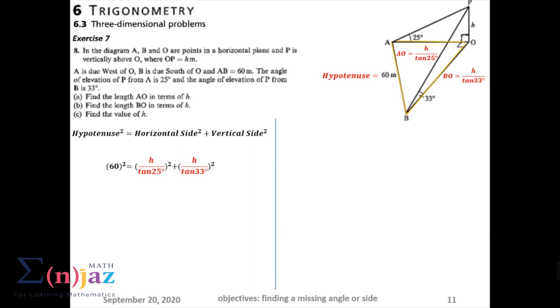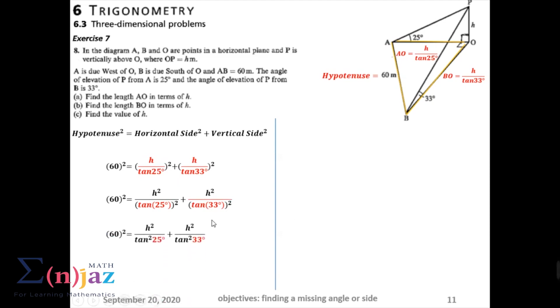Now, let's rewrite it. So it's 60 to the power of 2, which is equal to h to the power of 2 over tan of 25, all to the power of 2, plus h squared over tan of 33 to the power of 2.